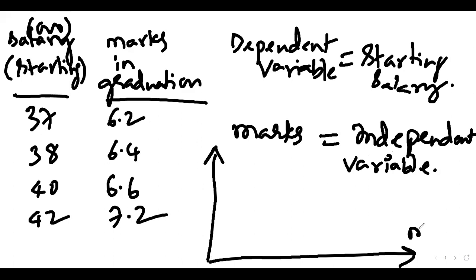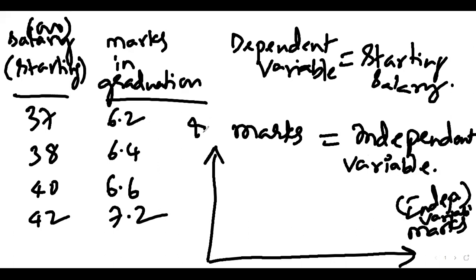So that is the case. Marks is the independent variable. The independent variable is considered on the x-axis. The dependent variable, that is starting salary, is considered on the y-axis.